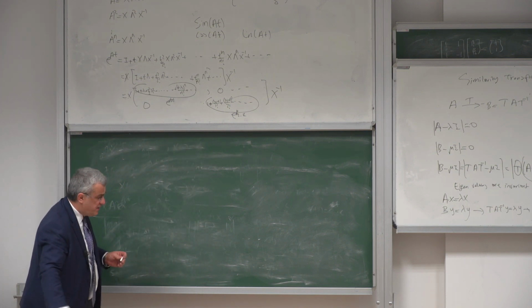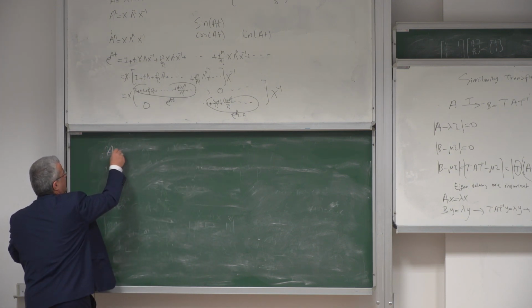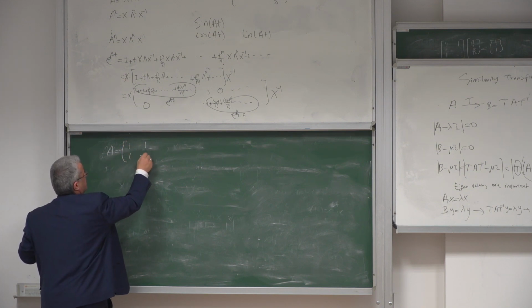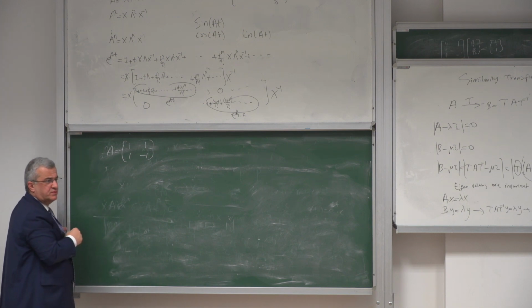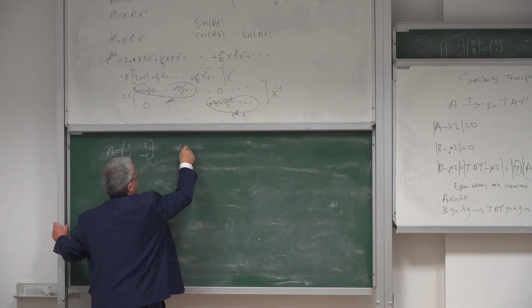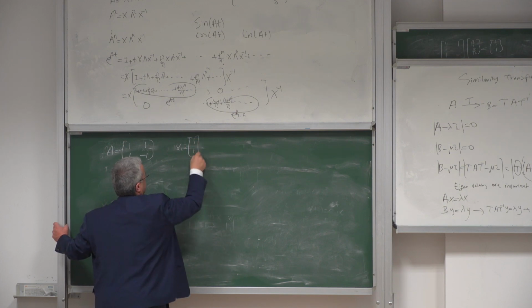So A was equal to, what was it? 1, 1, 1, minus 1, if I'm not wrong, right? And x1 was 1, 1, 1 over square root of 2. x2 was 1, minus 1, 1 over square root of 2.